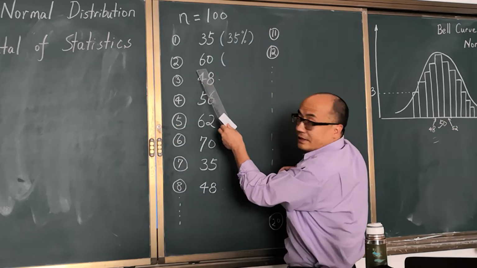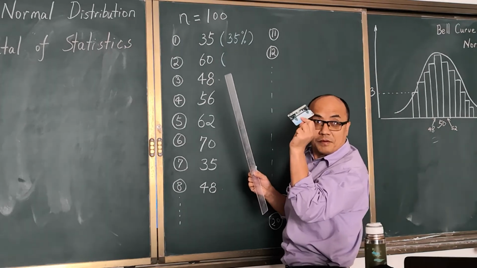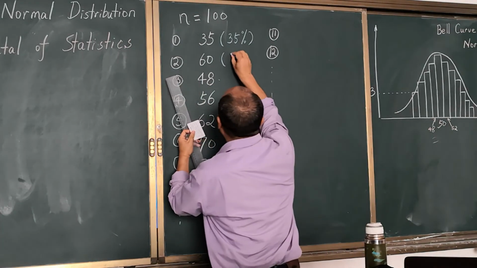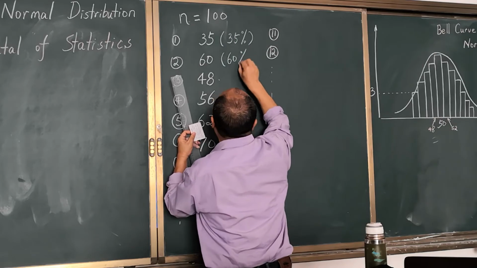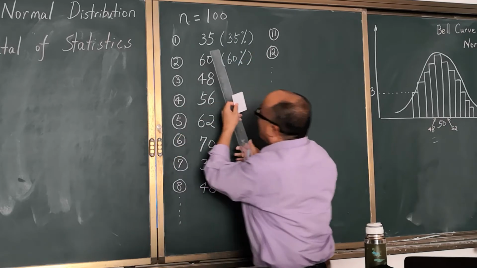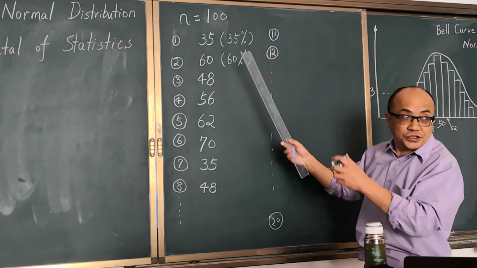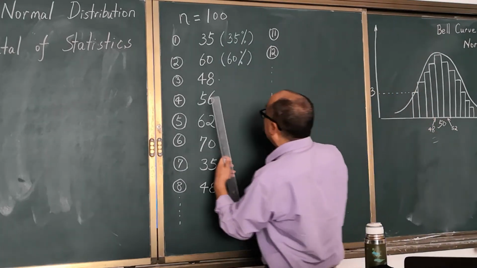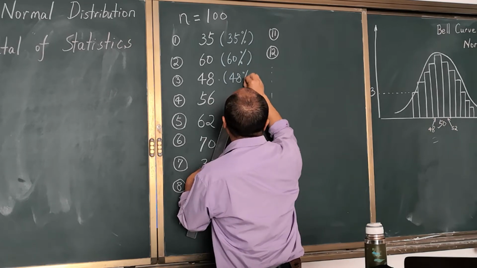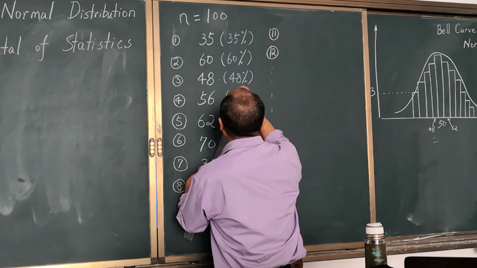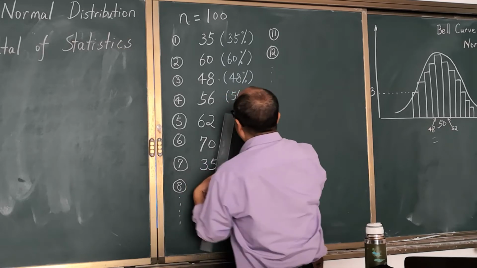In this experiment, we get 60. What's the probability? 60%. This is why I make it 100, so it's easier to teach. In reality, we had 28, and the division is tedious, okay? So it's 48% and 56%, and so on.